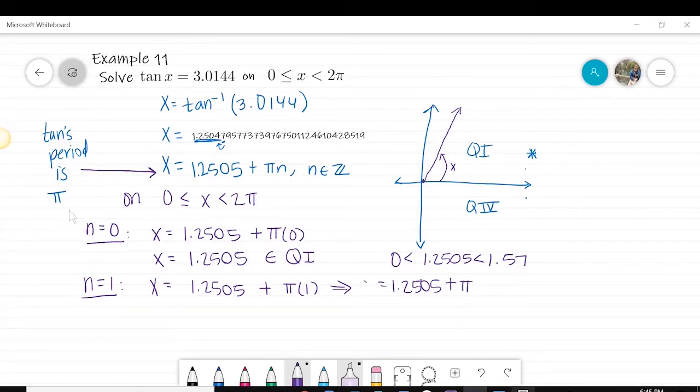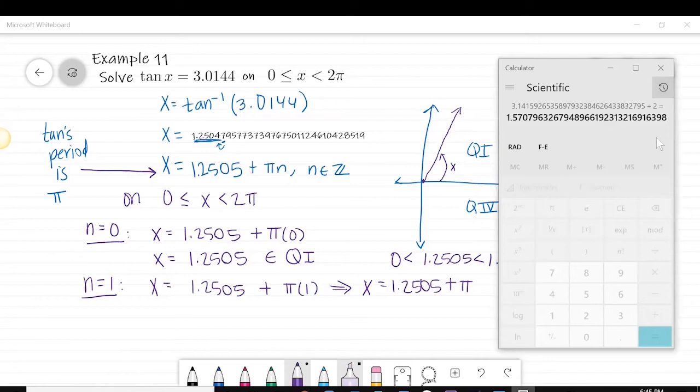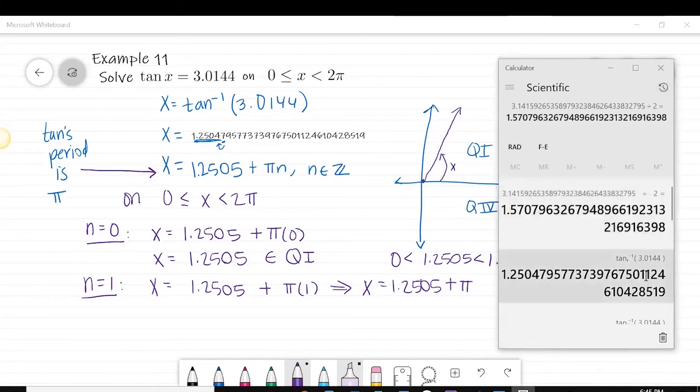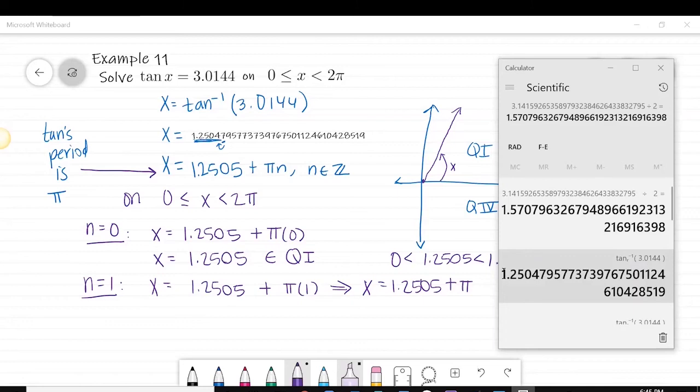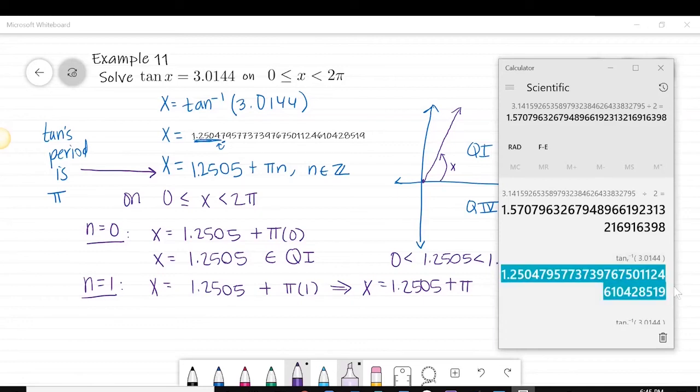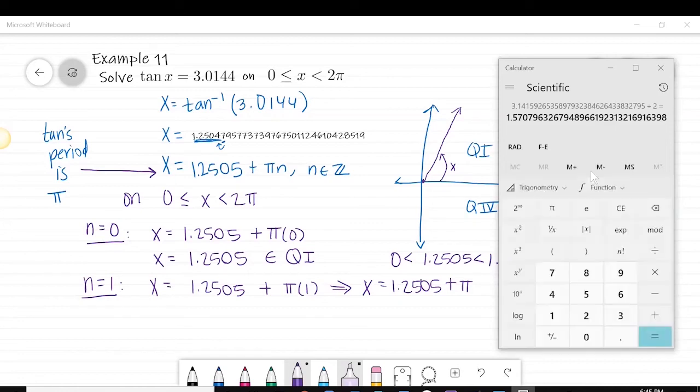Accuracy is important. So I'm going to go back to my calculator and go back to the last couple examples. So here was our tangent value that we found, right? Okay, let's copy this. Copy. Okay, and we're going to use this value. Paste.